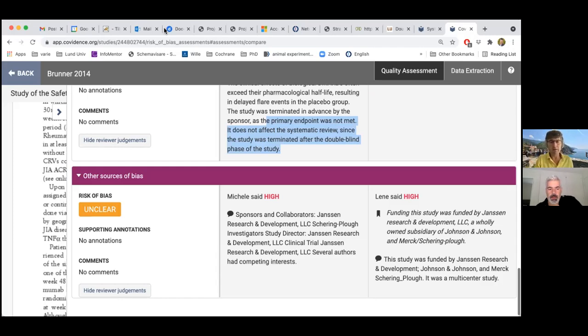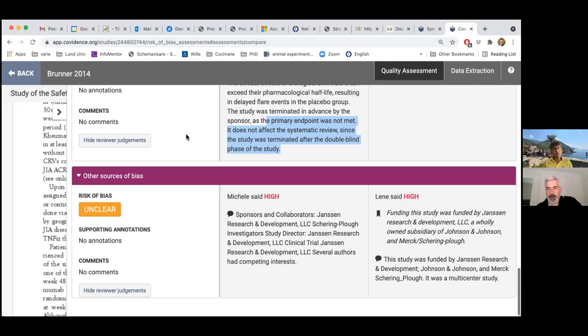We had also another question about this item, other sources of bias. Do you usually include something else in this item? Quite often, it's important to look at something that we think is wrong, for example in the methodology.